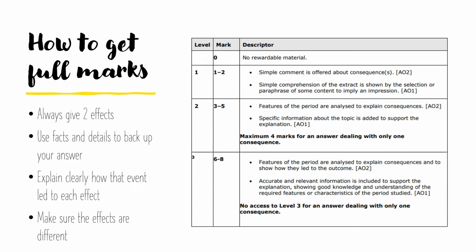So you need to be talking about what happened and how that explains the effects that you've given, and show very clearly how that event led to the effect that you've stated. And you need to give proper information, accurate and relevant, so statistics, dates, events, names, etc., anything that you can remember to support what you're saying, to show good understanding of what happened.